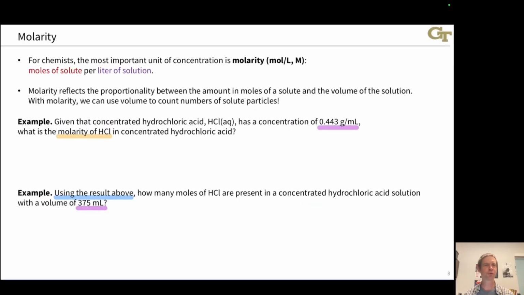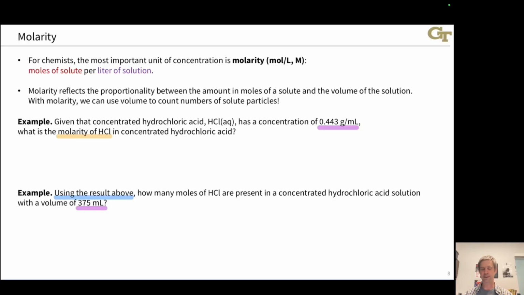By far the most important and most widely used concentration unit in chemistry is molarity. And molarity is the proportionality between the moles of a solute in a solution and the volume of the solution in liters specifically. So the units are moles of solute per liter of solution. Actually, reading that whole thing out a few times is good practice if you're just seeing molarity for the first time.